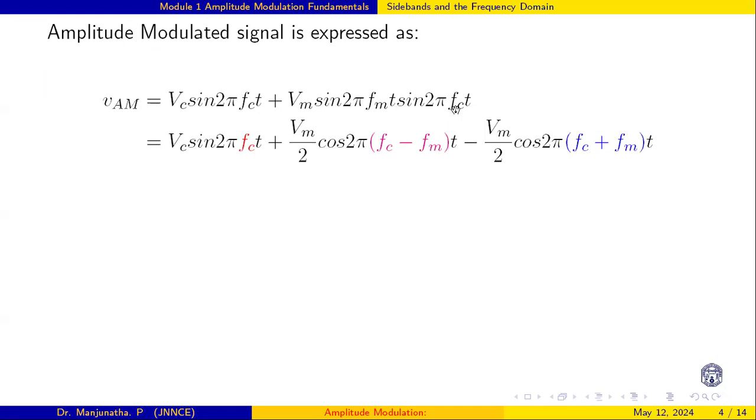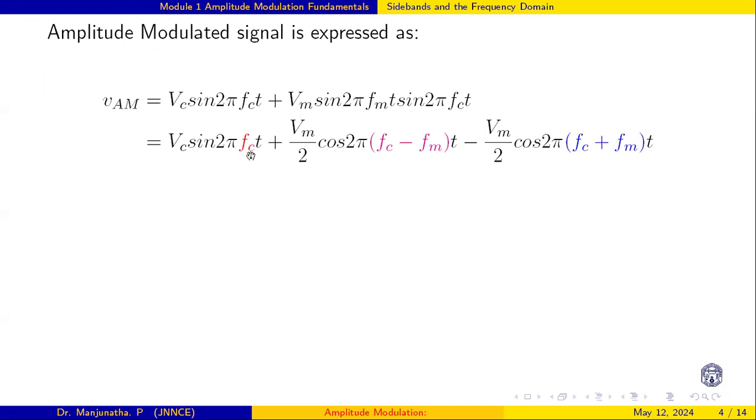This is the VAM, and here it is sine A sine B. When we expand this with trigonometric functions, it is Vc sine 2π fc t plus Vm by 2 cos 2π (fc minus fm) t minus Vm by 2 cos 2π (fc plus fm) t.